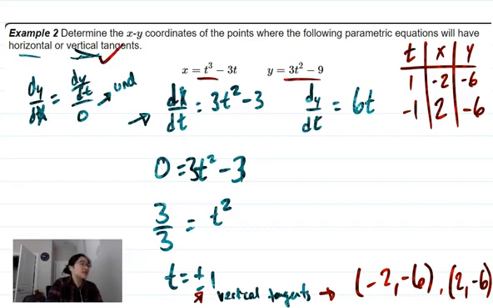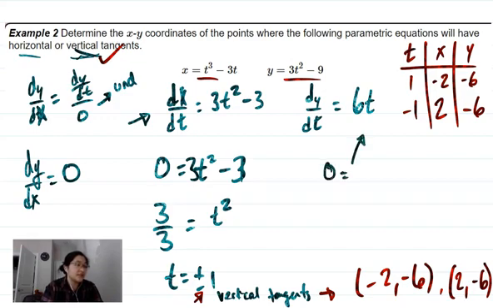What about horizontal tangents? When do we have horizontal tangents? That's when dy/dx equals 0, and so that's when dy/dt over dx/dt equals 0. And that's really whenever dy/dt is going to be 0, right? So that's when 0 equals 6t over 3t squared minus 3.